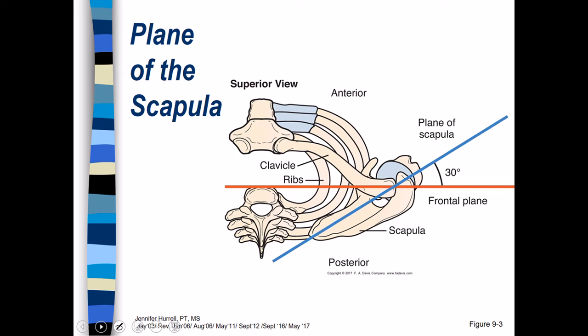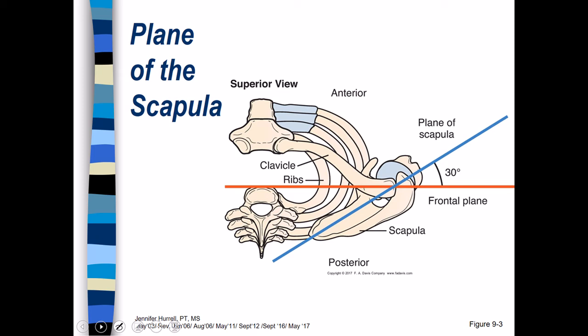No one's going to do pure abduction, because to get into the frontal plane where pure abduction happens, I first have to retract my scapula. Now I can do pure abduction and kind of force myself into the frontal plane. But the more natural plane is to move in the plane of the scapula. So we're going to see our patients selecting that plane as the plane they move in.